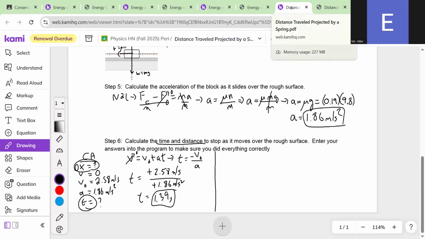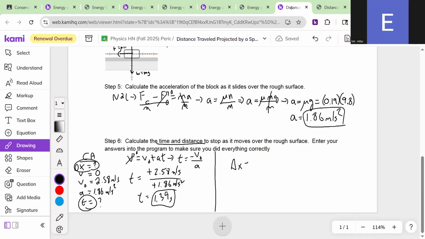But then I'm going to come back with equation number 11, v plus v naught over 2 times t. We come to rest, so this is going to be equal to v naught times t divided by 2, which would be 2.58 times the time you just found. Mine was 1.39.